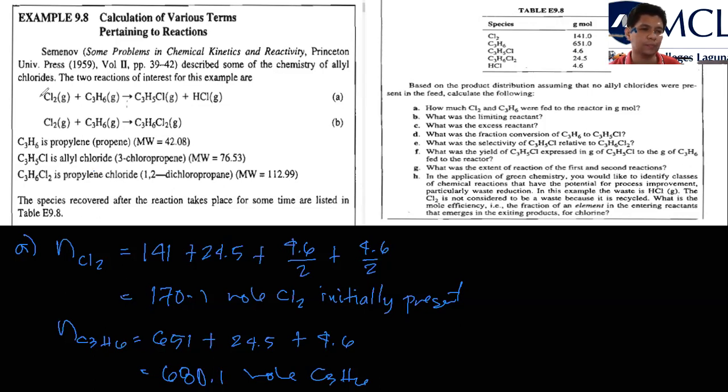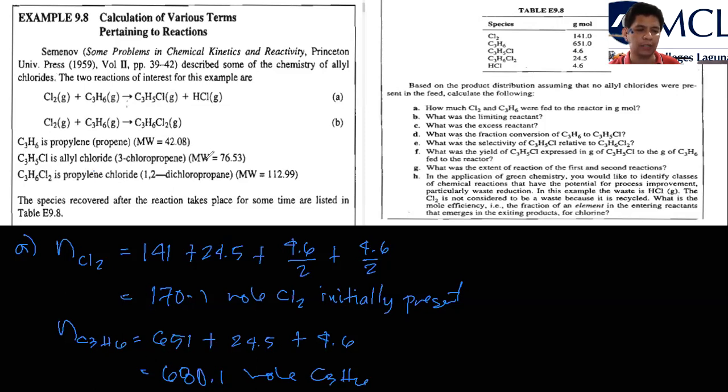So 1 Cl2 for every C3H6 to produce C3H5Cl, and 1 Cl2 for every C3H6 to produce C3H6Cl2. So you can conclude that the reactant which has the lesser number of moles will be the limiting reactant.